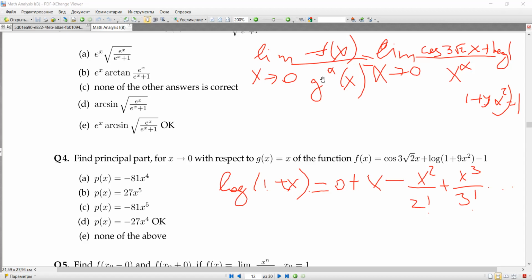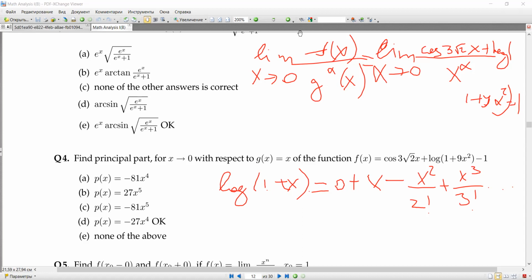And also in this case we can use the equivalency of cosine x as x tends to 0. We're using the Maclaurin formula.